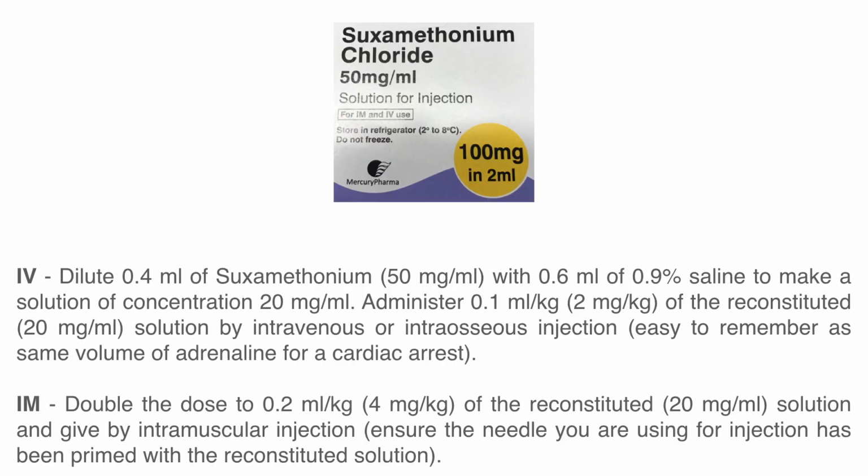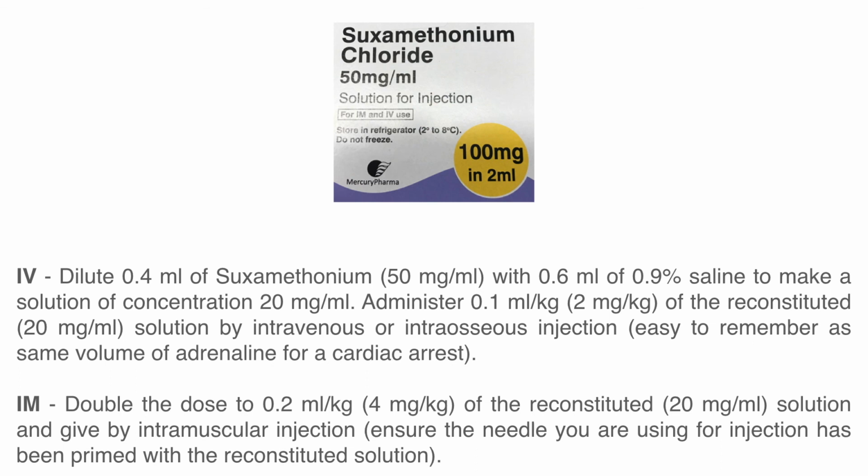So I've come up with a method for preparing this. You don't need to use the method I'm going to show you, but you need to have a method in your head that you can use for when the situation occurs. And importantly, remember, you might be managing the airway and need to instruct somebody else on preparing and giving it. And as part of your plan, you also need to factor in that you might not have intravenous access.